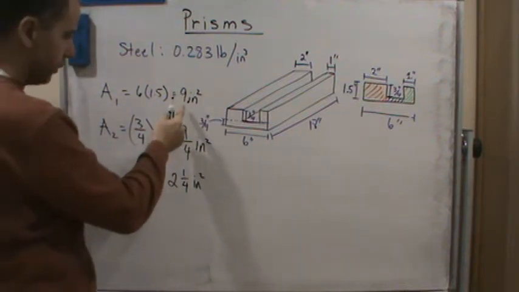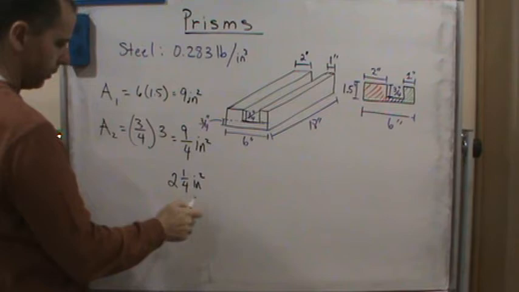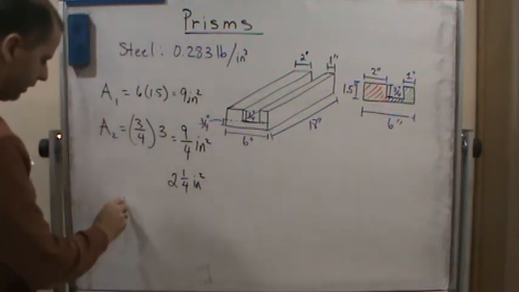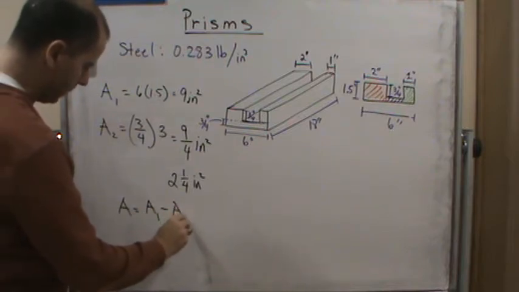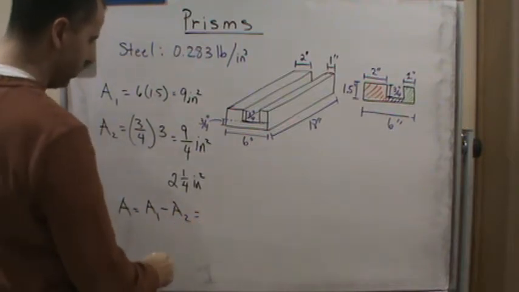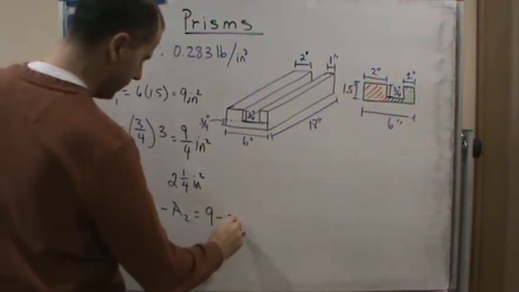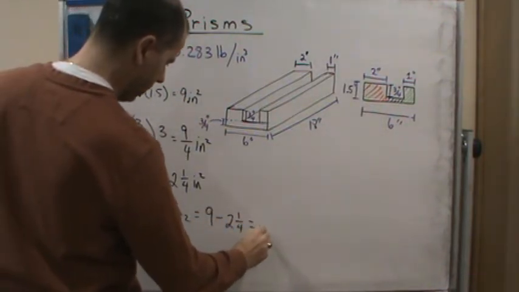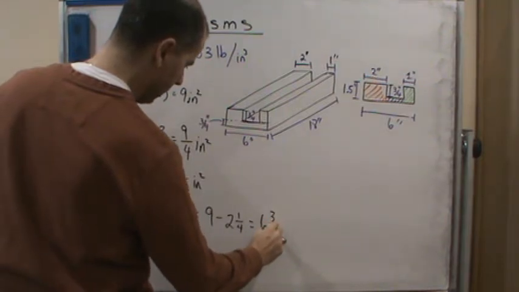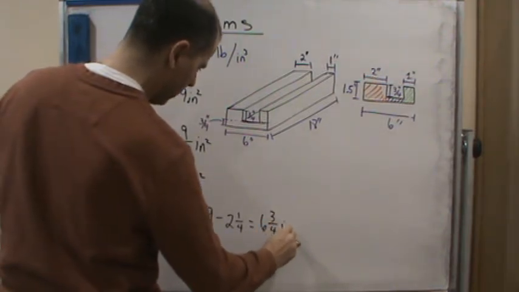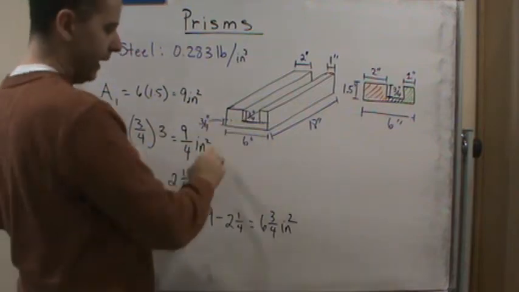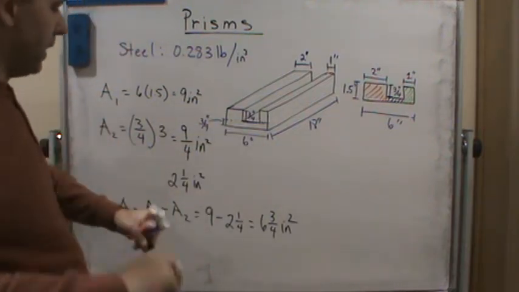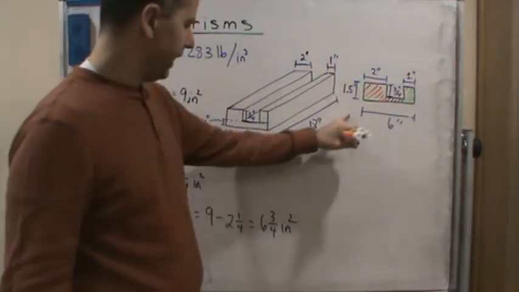Okay? So now, all I have to do is subtract these two numbers. So then my area is going to be area 1 minus area 2, which is going to be 9 minus 2 1/4, which is going to be 6 3/4 inches squared. And so that's the area of the face. And now all I have to do to get volume is multiply this by 18 inches.